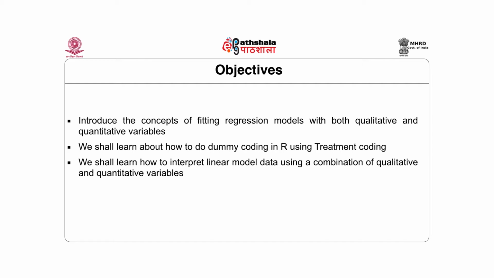The new thing that we're going to learn here is known as dummy coding. And the technique that R uses in dummy coding in this context is known as treatment coding. So we'll learn a little bit about that, and we'll learn how to interpret the linear model data with this.